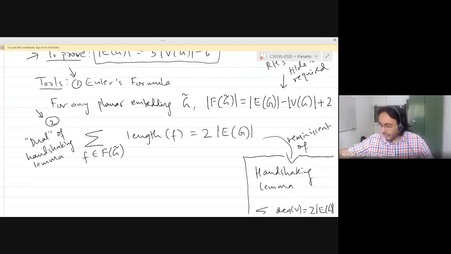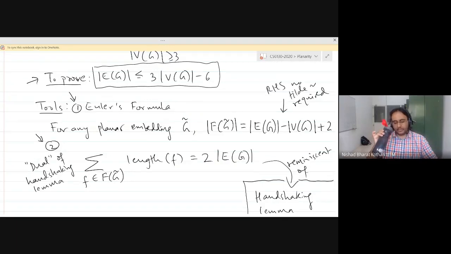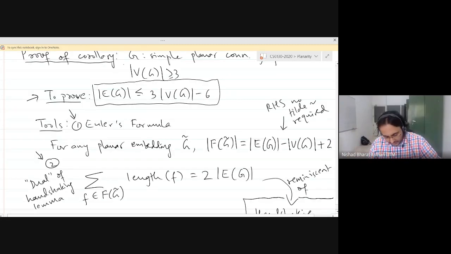Can anybody see how you can use these two facts to prove that the number of edges is less than or equal to 3 times the number of vertices minus 6? You also need to use the fact that the number of vertices in the graph is at least 3.